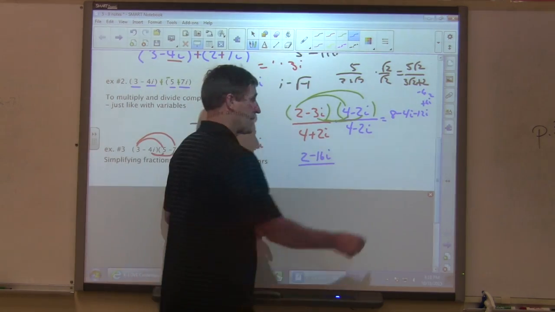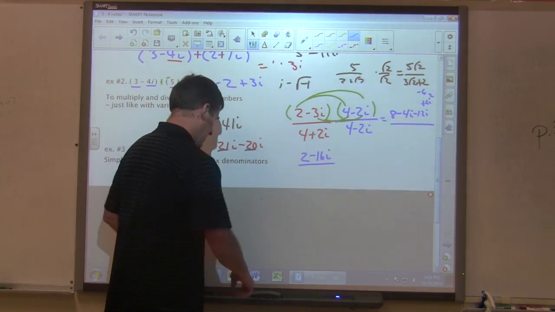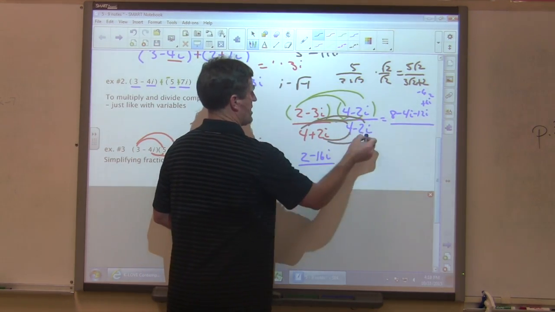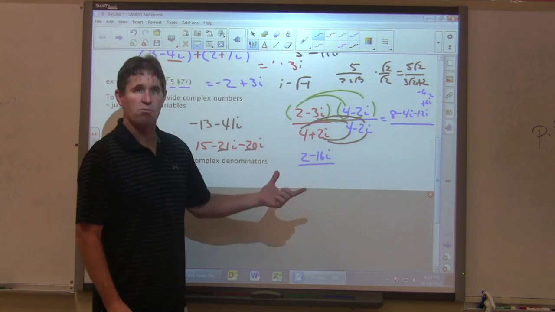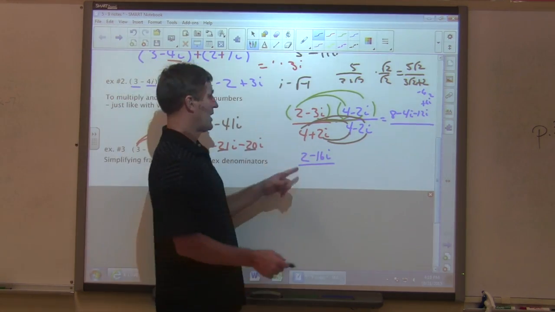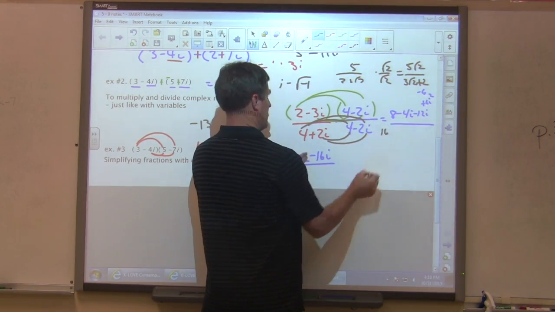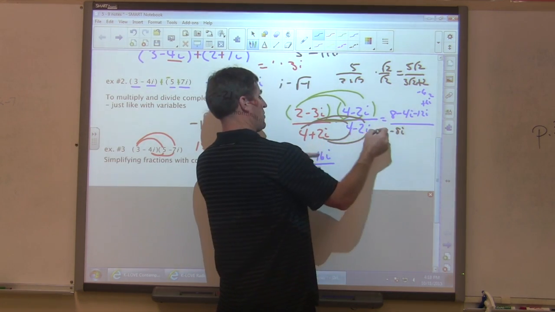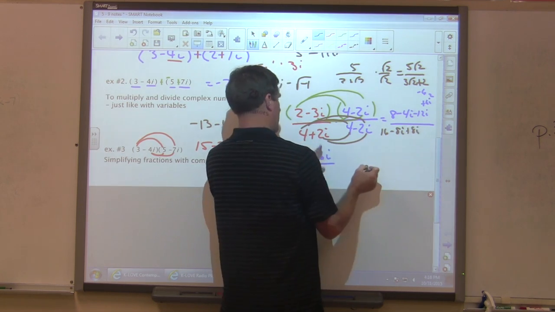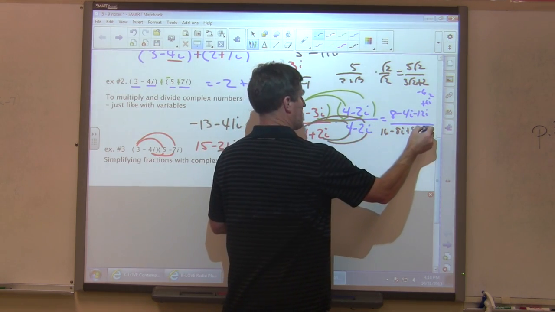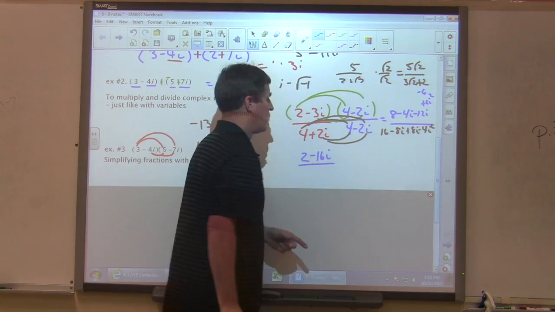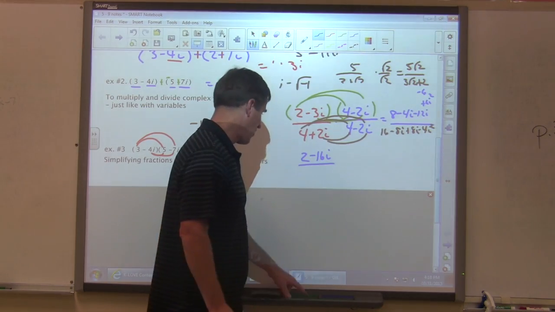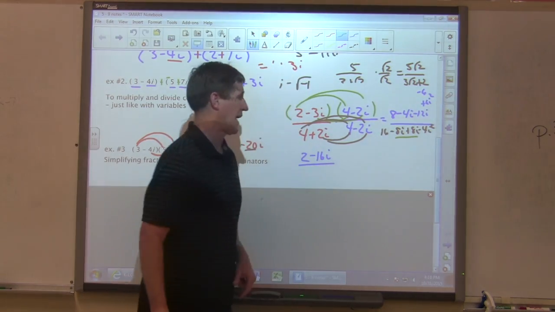Now, when we do the denominator, again, you can go through this process of multiplying this, but remember your outer and inner terms will always cancel. We'll get that 4 times 4 is 16, and 4 times negative 2i is negative 8i, and 2i times 4 is a positive 8i, and 2i times a negative 2i is a negative 4i squared. I don't really need to multiply those outer and inner terms together because I know they are always going to be opposites and cancel.